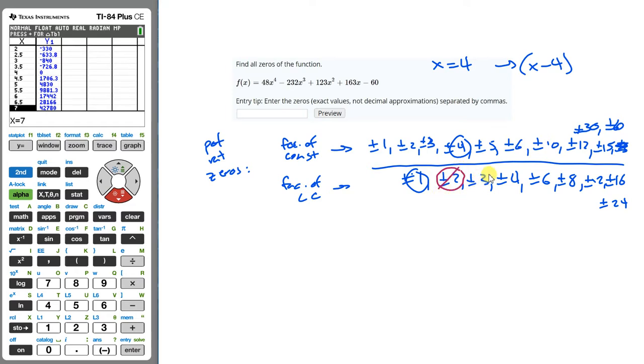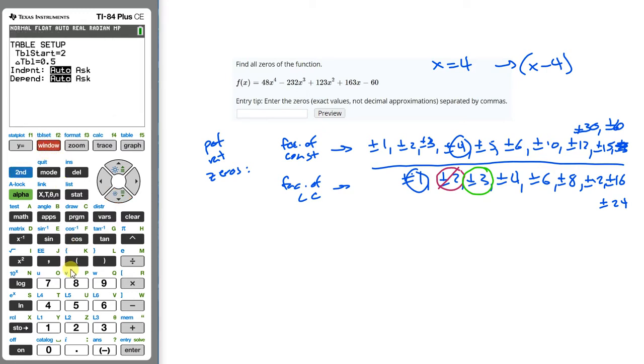Let's try the thirds. Okay, let's try these thirds. I guess we'll go with a green here. How do I do that? Go to table set, start your table at 0, delta table of 1 over 3. Okay, and it's going to convert that to 0.33. Now, don't just type in 0.33.